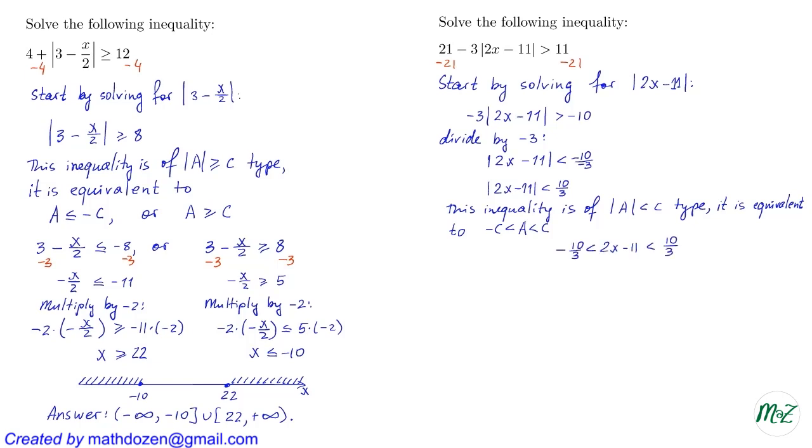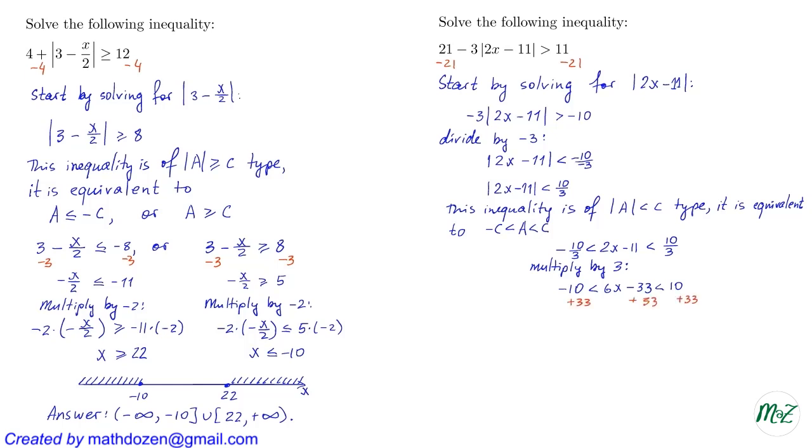In our case, that boils down to 2x minus 11 being less than 10/3 and being greater than negative 10/3. So we're going to multiply all the way through by 3, and we're looking at negative 10 being less than 6x minus 33 and being less than 10.